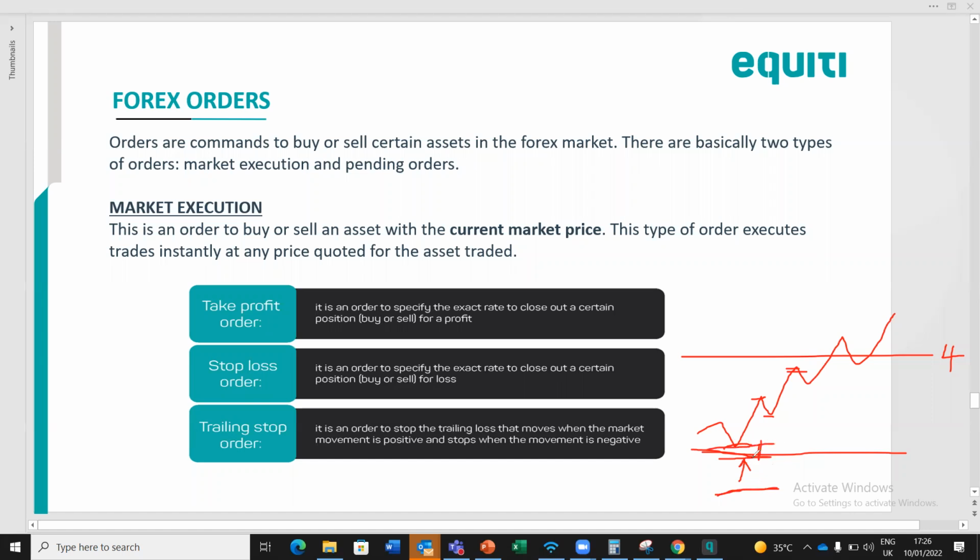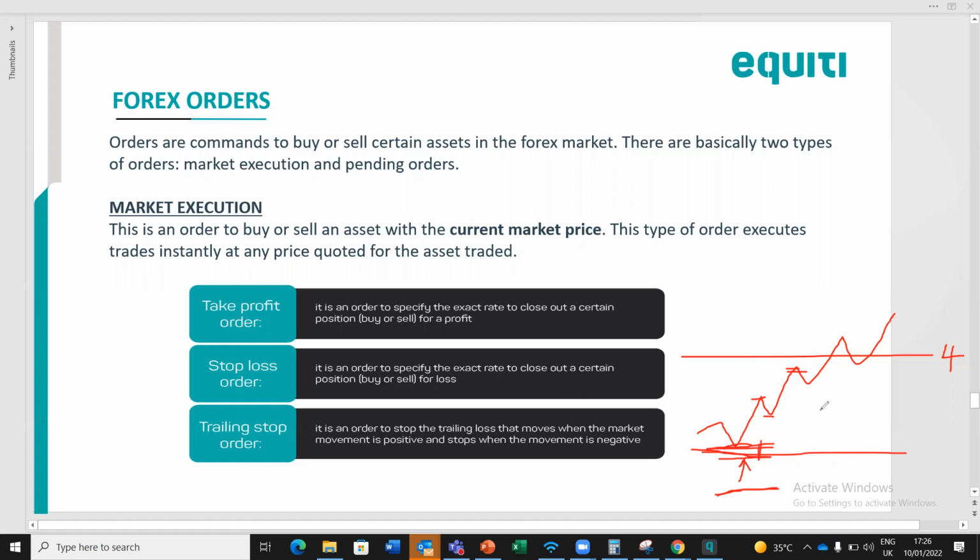So if anything happens and this trade isn't able to get to your take profit level of 4, but begins to come down, it is going to hit your trailing stop loss, which has automatically moved from 0.5 to 1.